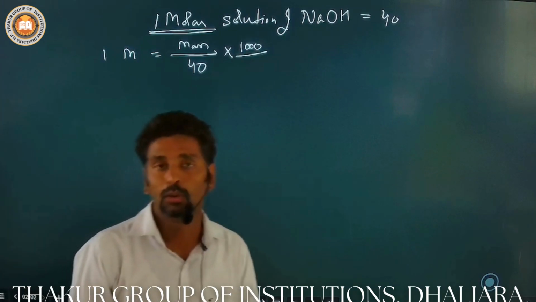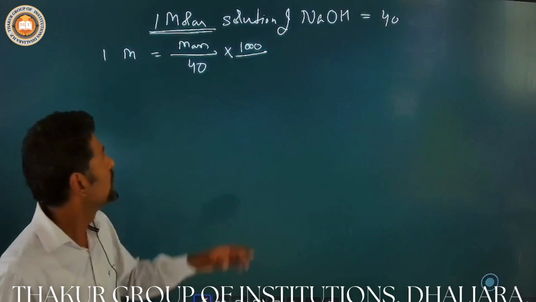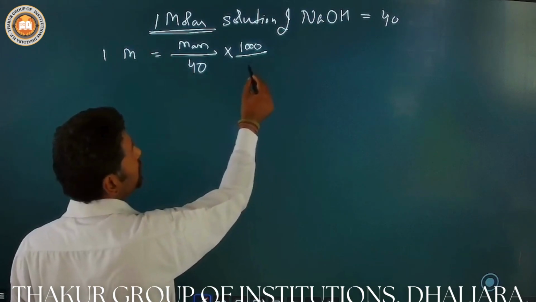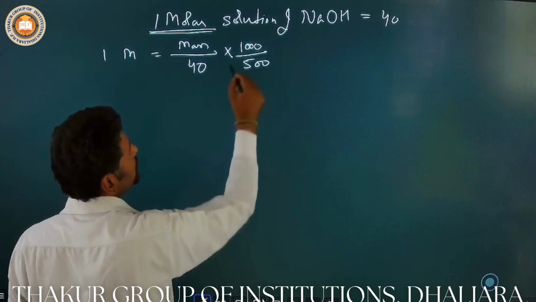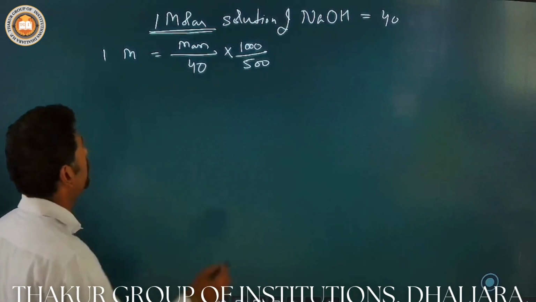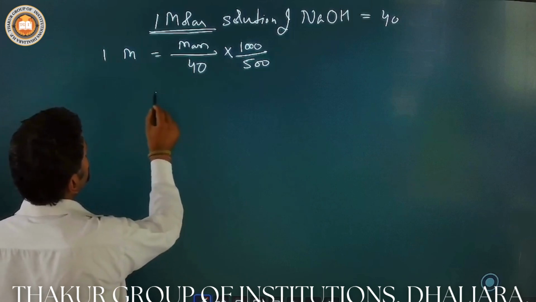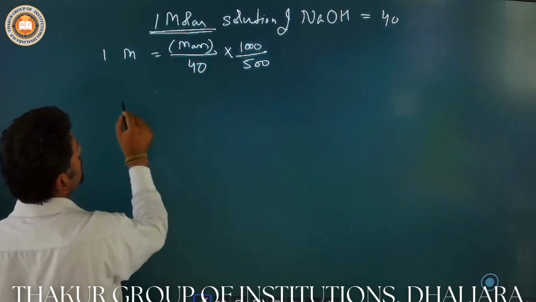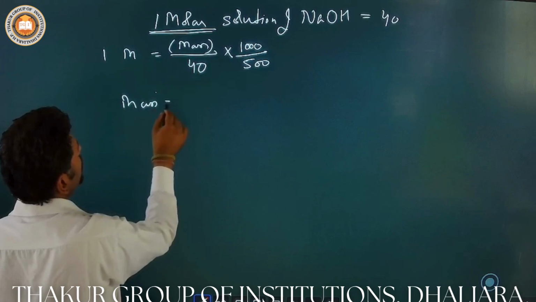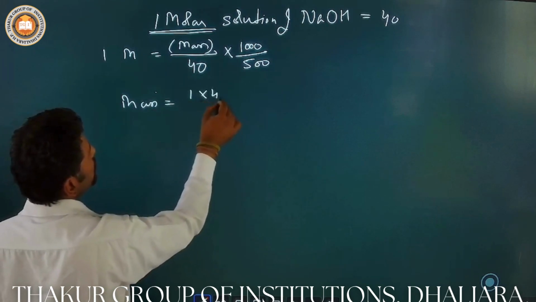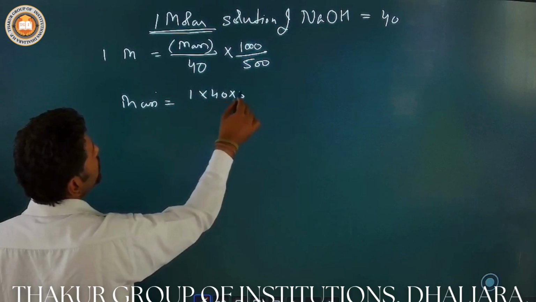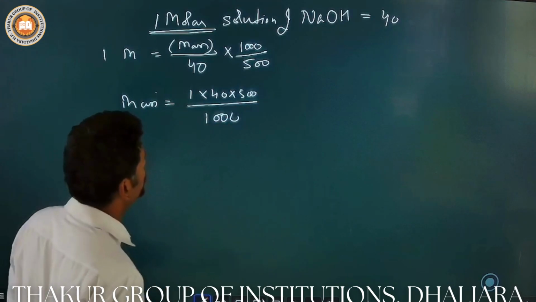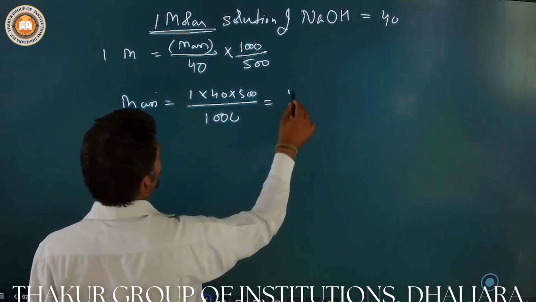Now, what volume of 1 molar solution do you require? We write that here. If I want to prepare 500 ml of solution, I write 500 here. So the mass required will be 1 into 40 into 500 divided by 1000.